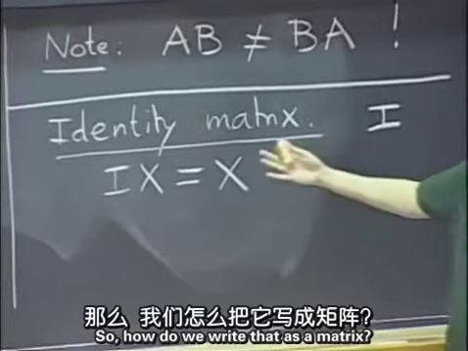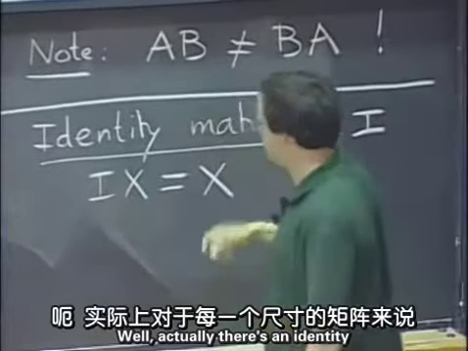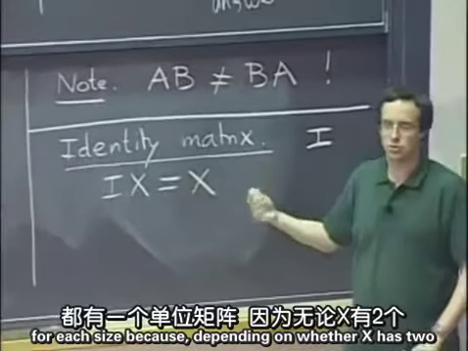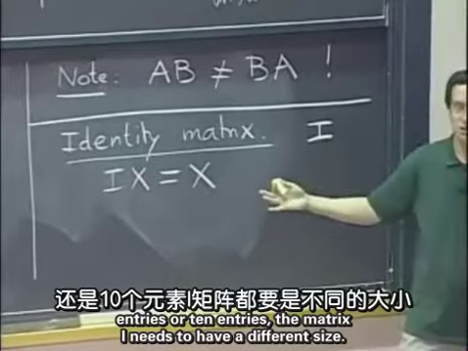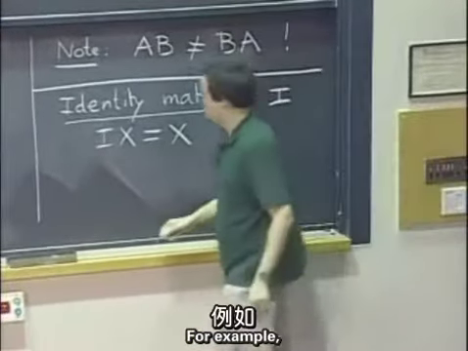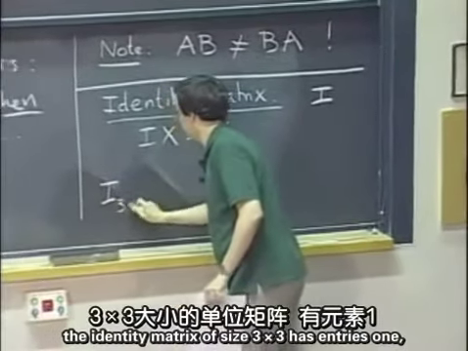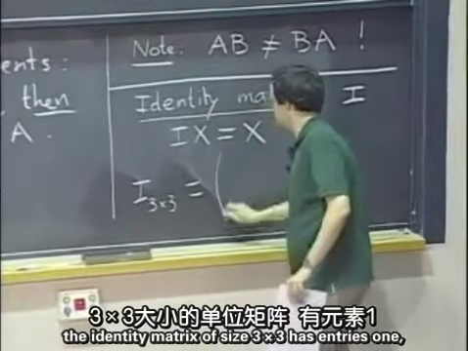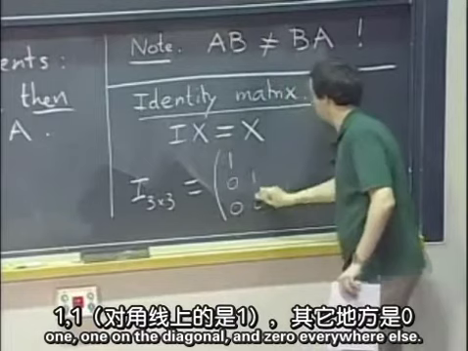So how do we write that as a matrix? Well, actually there's an identity for each size, because, of course, depending on whether x has 2 entries or 10 entries, the matrix I needs to have a different size. So, for example, the identity matrix of size 3 by 3 has entries 1, 1, 1 on the diagonal and zeros everywhere else.